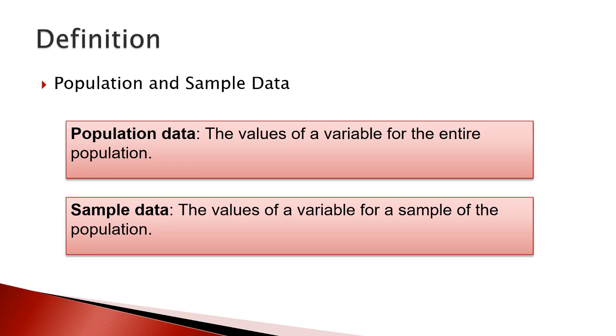Actually, we are not dealing with population data for calculations. Instead, we are dealing with sample data. That's very easy to handle because the number of data is lower than the population data, and there are some inferences that we can get from sample data which represent the population data.